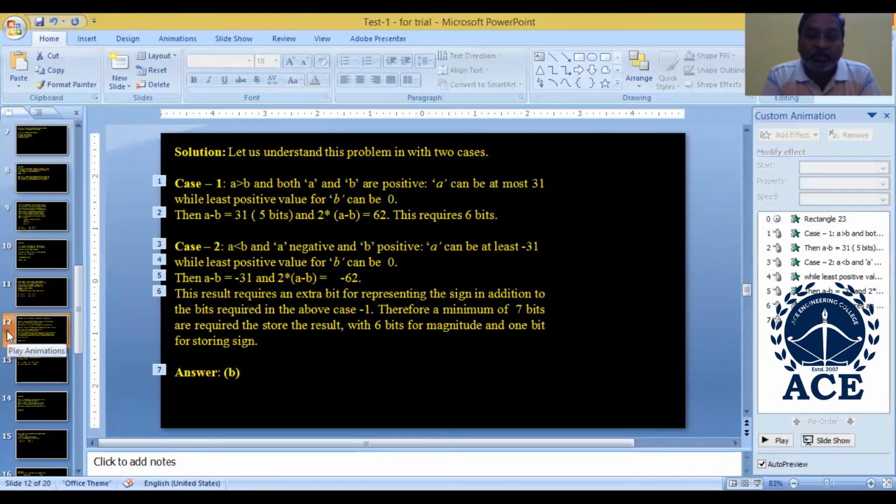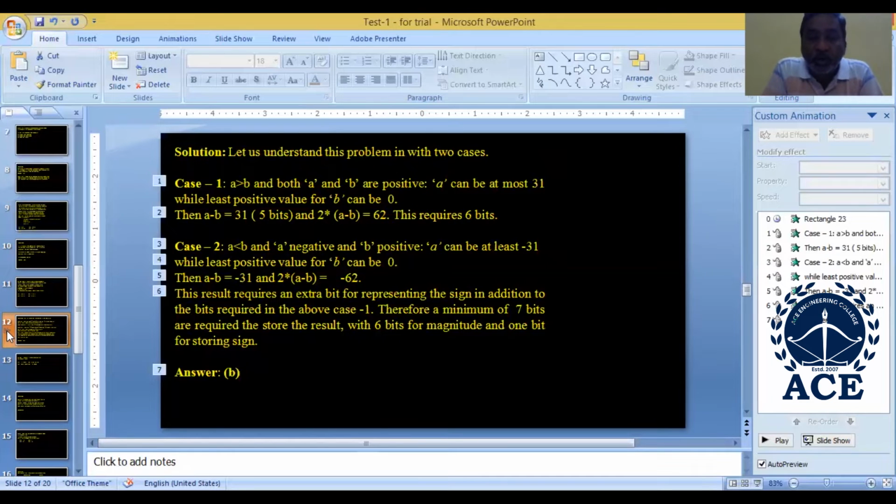And 2 times (A minus B), that is 2 times 31, is equal to 62. Now 62 requires 1 bit extra. So when two numbers are multiplied, the product can be the sum of the number of digits in both numbers put together. So double the memory size is required. 62 requires 6 bits.